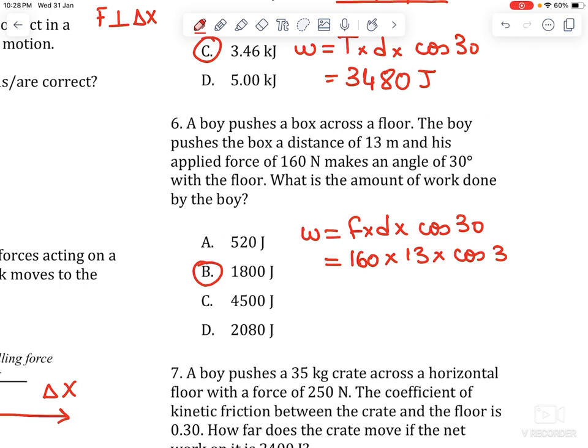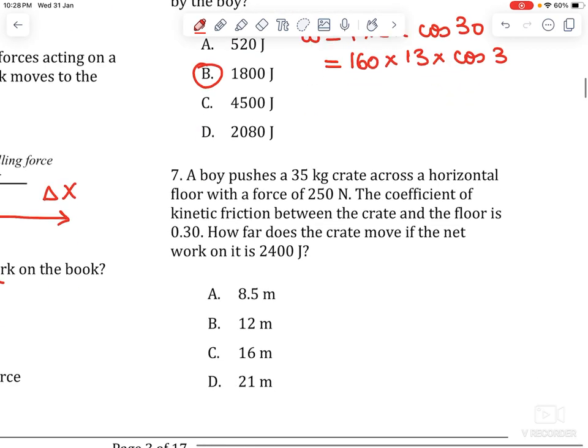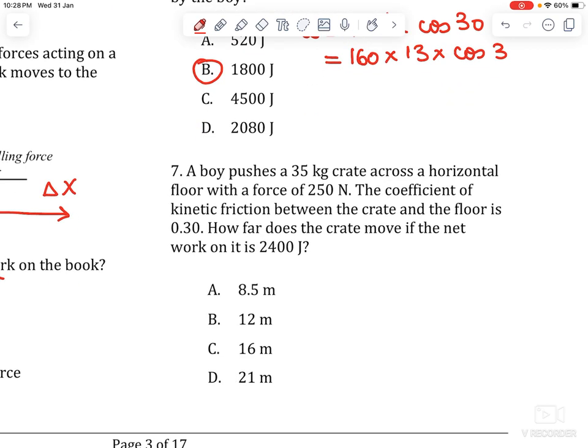Now question 7. A boy pushes a crate of 35 kilograms across a horizontal floor with a force of 250 newtons. However, you have the coefficient of kinetic friction, so I also have a force of friction, which I don't know.